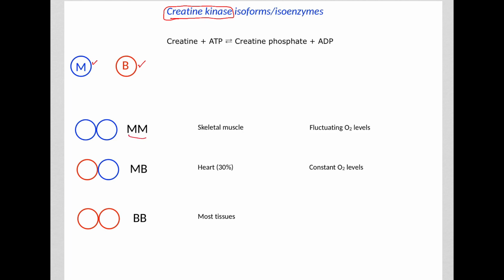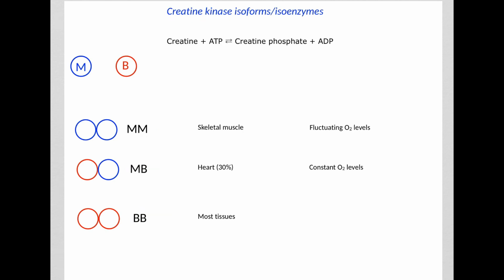If two M's combine together, they will give us one type of isoform, which we'll call CKMM. If an M combines with a B, that will give us a second isoenzyme called CKMB. And in CKBB, both units are B. So just from the various combinations, we can get three isoenzymes of creatine kinase.